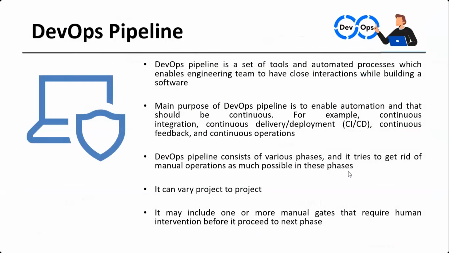development. However, despite the high level of automation, some projects may require manual gates, checkpoints where human intervention is still necessary before progressing to the next level. These checkpoints, or gates, ensure that critical reviews or approvals are conducted.